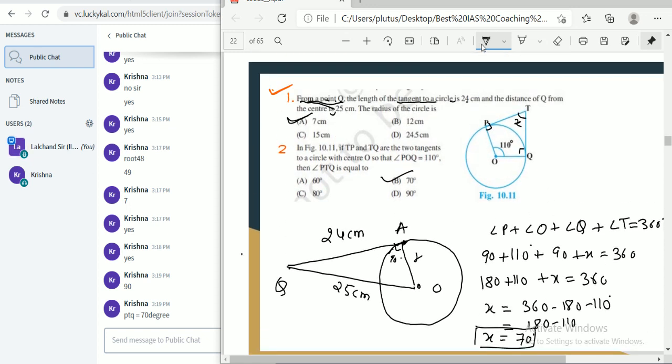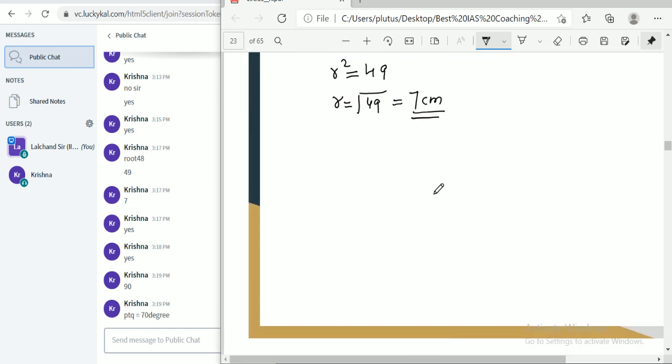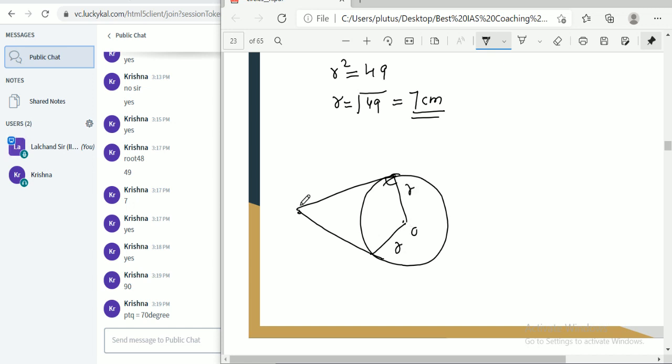Option B. So we can directly say there is a property: the sum of these two angles, this angle and this angle, is 180 degrees. So we can conclude that if we have two tangents from an external point to a circle, and this is the center, this is a radius and this is also a radius, then this angle plus this angle, angle 1 plus angle 2, is equal to 180.